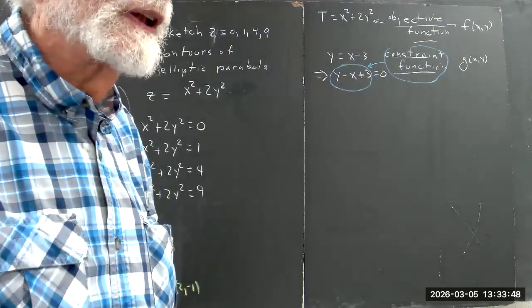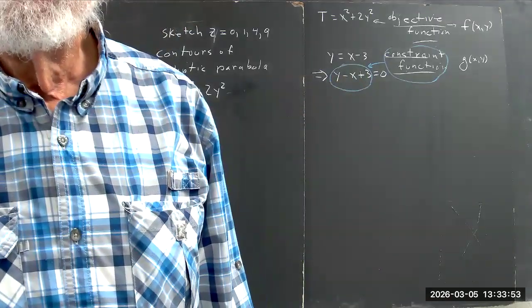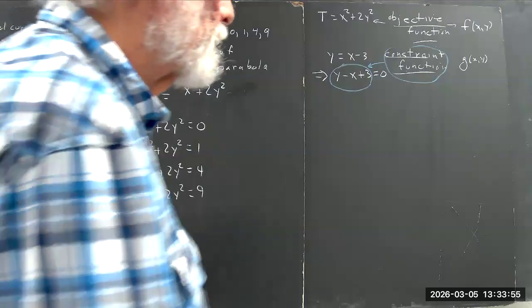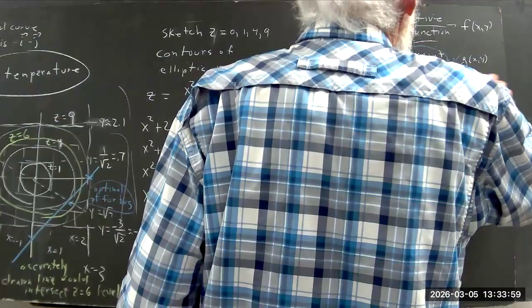So the constraint function is a level curve of this function of two variables. Okay? So the constraint function will be g of x, y.